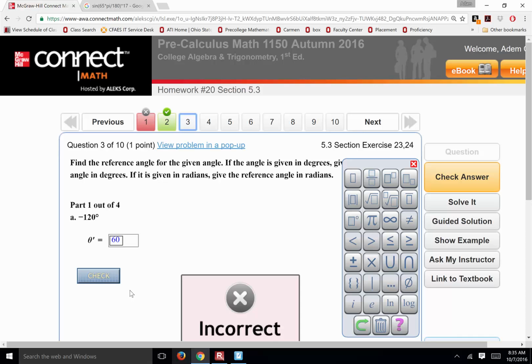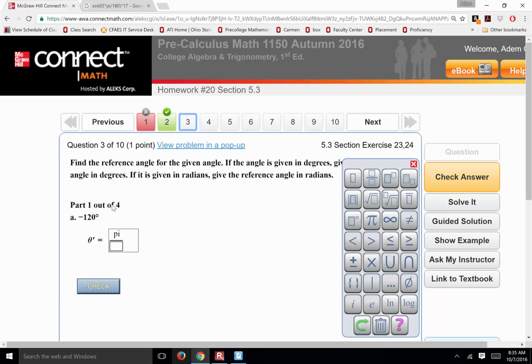Oh, maybe I'm wrong. You have to put the degree. Oh yeah, it's in radians as well. Pi over 3, right? 60 is, how do you do that? Pi over 180, you divide by 180, multiply by pi. It says if the angle is given in degrees, give it in degrees.